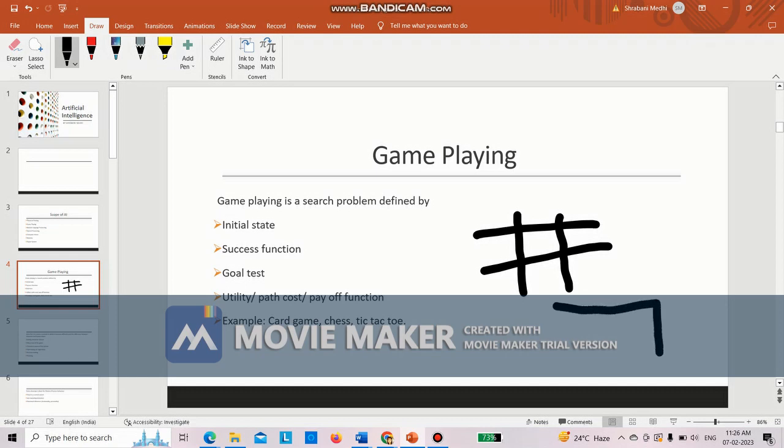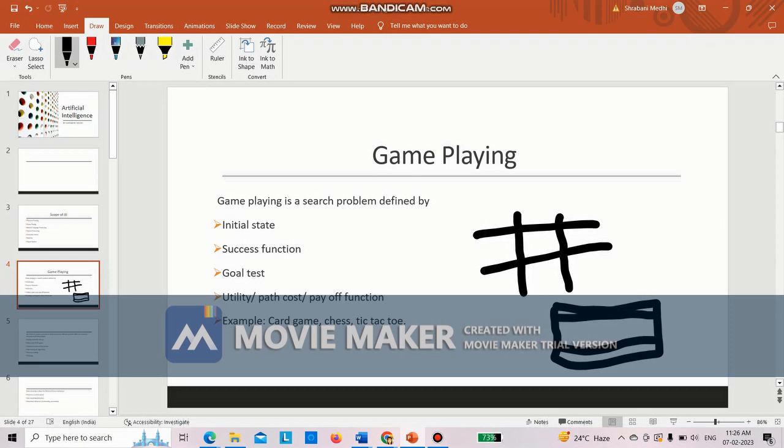Similarly for a chess board or chess game, what will be the initial state? In the initial state, we will have to define what is the position of each and every character in this particular chess game. Suppose this is black and this is white players.